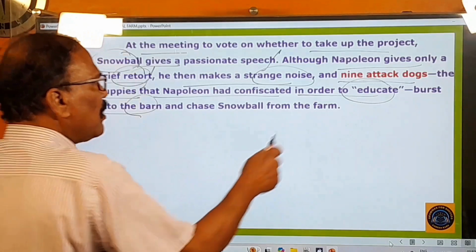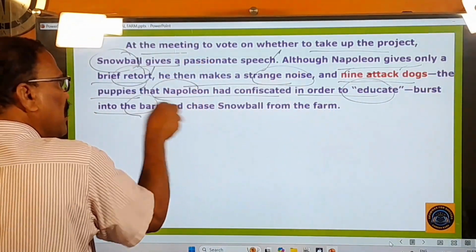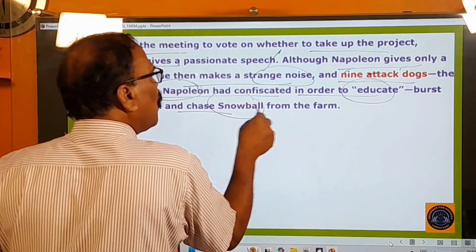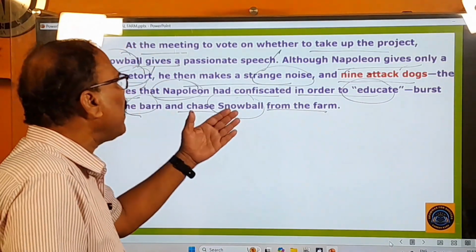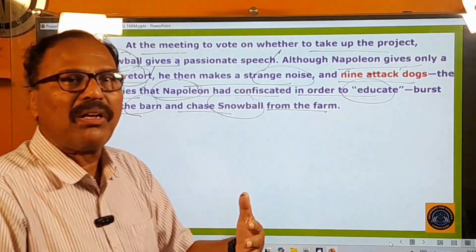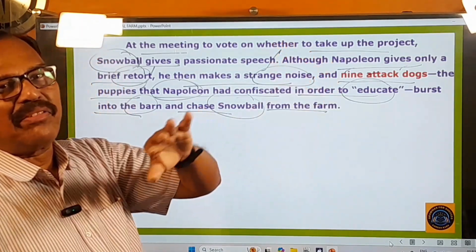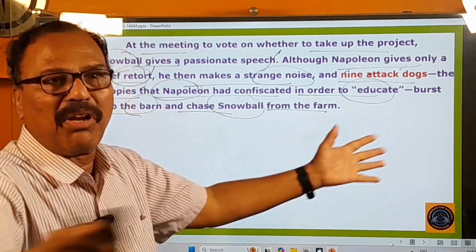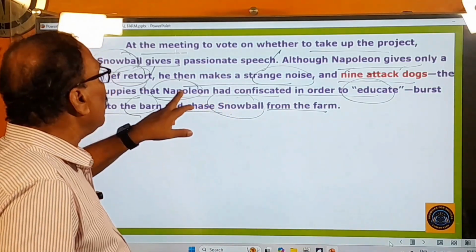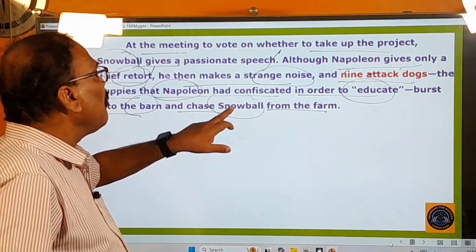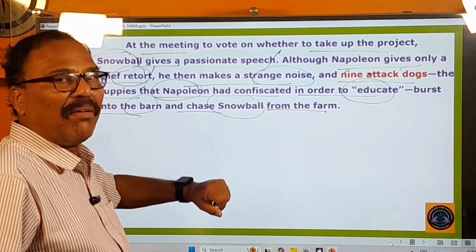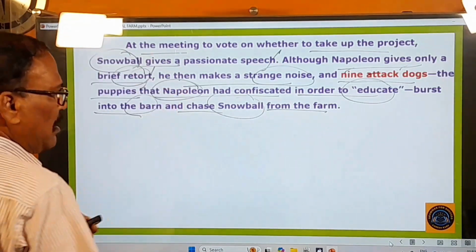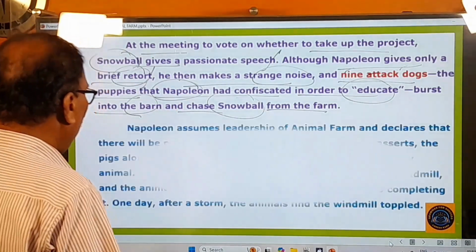These nine attack dogs, trained by Napoleon, burst into the barn and started chasing Snowball from the farm. They started attacking Snowball, and Snowball started running away, and the dogs chased him till he left the animal farm. This is how Napoleon drove away Snowball from the animal farm with the help of his nine attack dogs. So this thing happened in this paragraph, and now you move on to the next paragraph of the story.